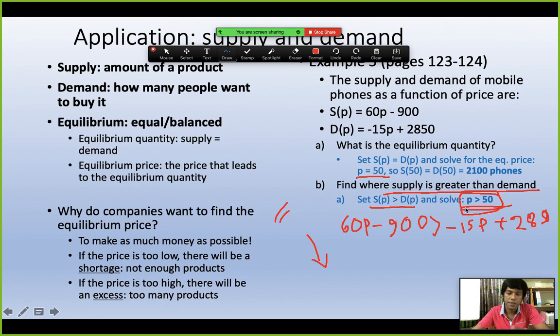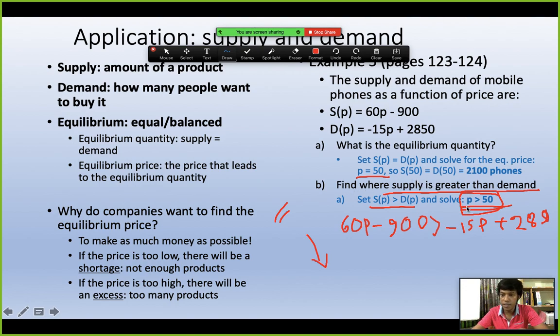What it means is, if the price is more than 50 taka or dollar, something, if the price is more than 50, then there will be more supply in the market. People will not buy it. Because 50 is the equilibrium price, if your price is more than 50, then people will not buy it. So it means find where supply is greater than demand.